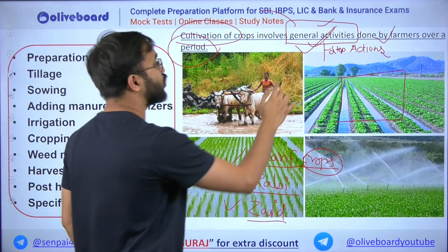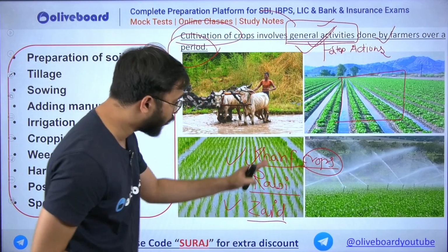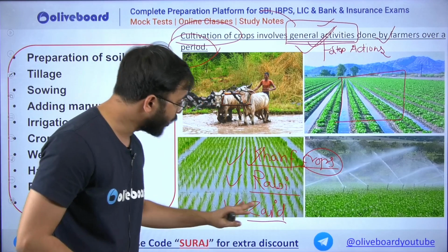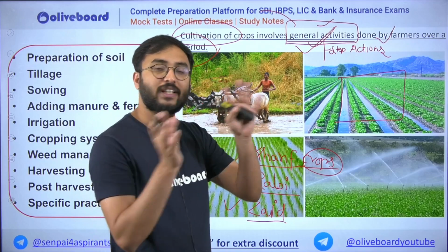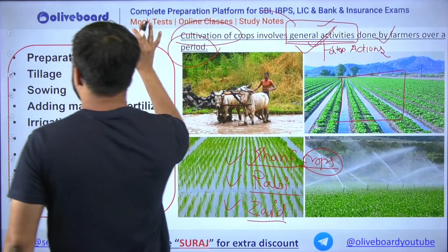If he is carrying out certain general activities which are unique for Kharif crops, unique for Rabi crops, unique for Zaid crops, then such activities, such methods, such techniques are called agricultural practices.